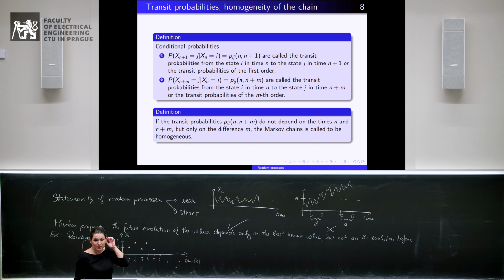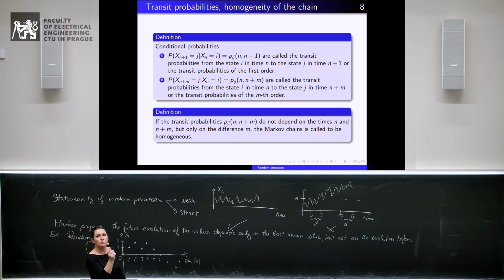So it means that in the first case, we care about the transit probabilities from i to j in one step. For example, the probability of getting from i to j from the time 2 till the time 3, or from the time 5 till the time 6, from the time 20 till the time 21, and so on.